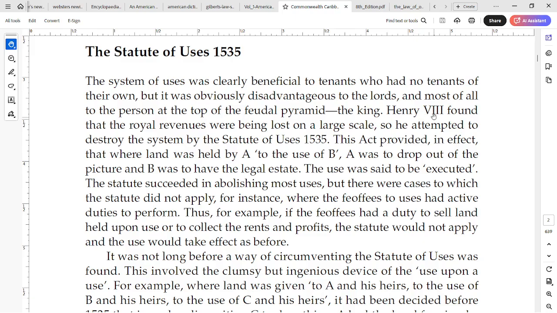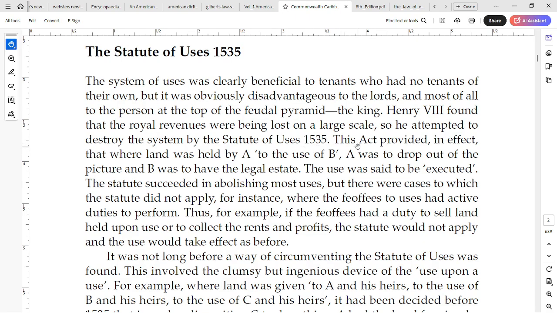So Henry VIII, through his legislators, after realizing that they were losing royal revenues due to the system of uses, attempted to destroy the system of trust uses by the Statute of Uses of 1535. What is this Statute of Uses?